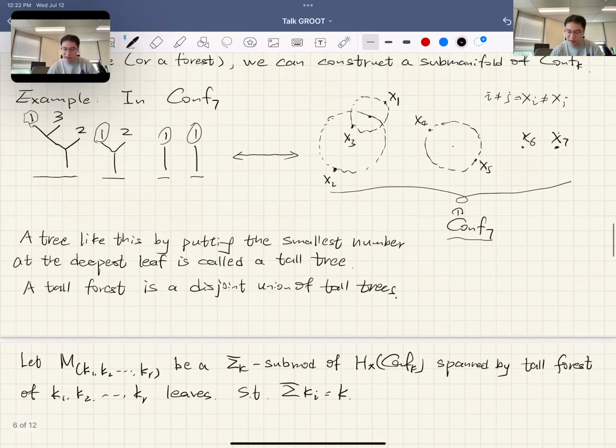So for this example here, I'm actually looking at the submodule of the form M sub 3, 2, 1, 1.